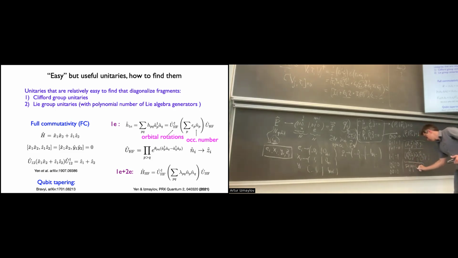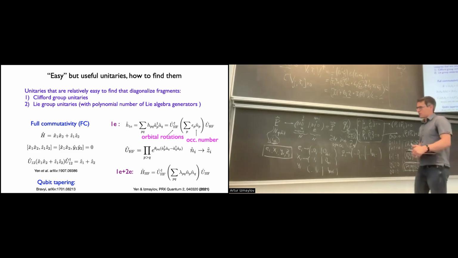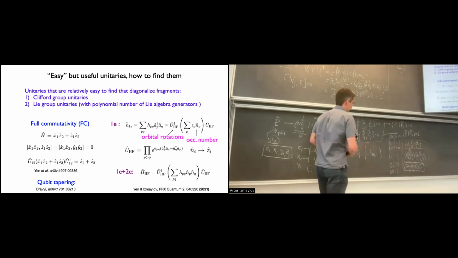In symplectic spaces, they are defined by the fact that some of the eigenvalues of this matrix are negative. Okay, so usual metrics are all positive, but in symplectic spaces they are allowed to be negative.